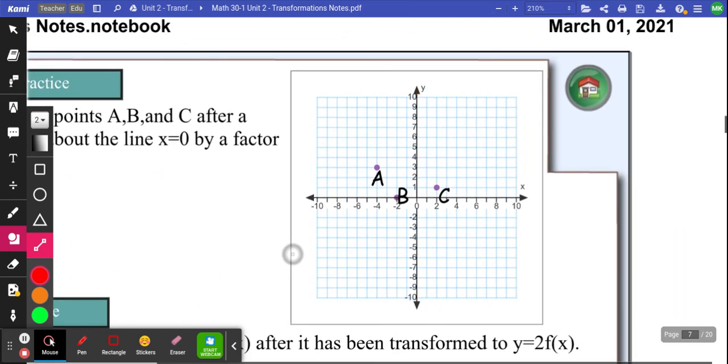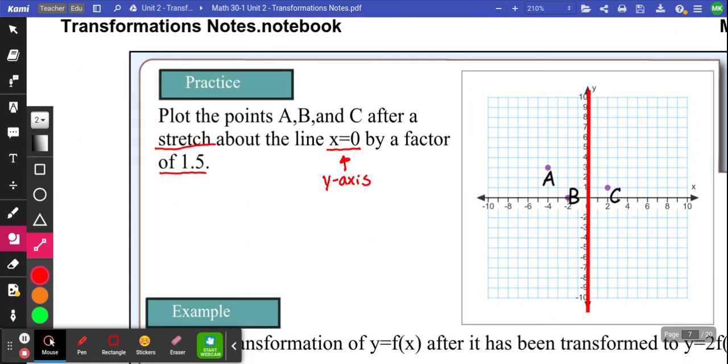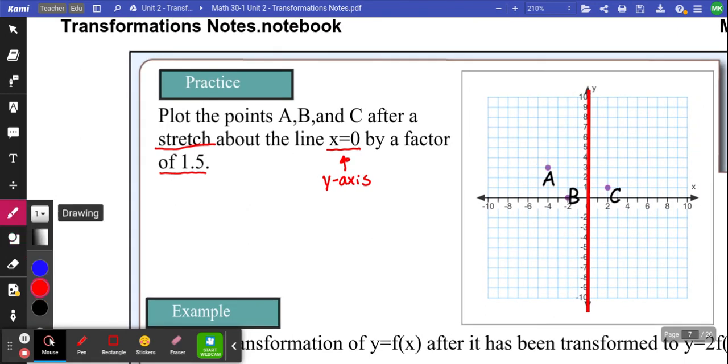Okay, I'm actually going to write that down. So when we saw that it was about the y-axis, that tells me that it is going to be a horizontal stretch. I'm moving away from the y-axis.